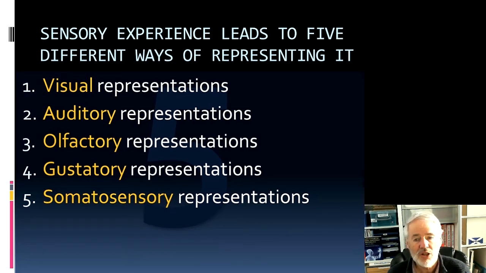Auditory representations are created by the auditory system, coming through the ears. The olfactory system, that's the sense of smell, being represented in our minds, is also a different system. And the 4th type of representation are gustatory, that's taste representations.